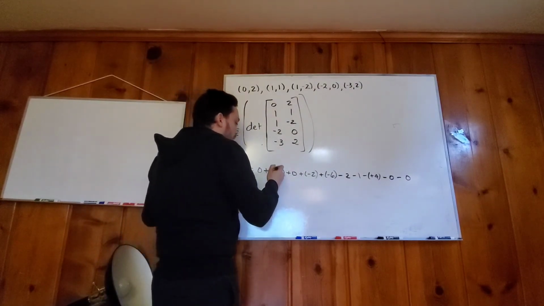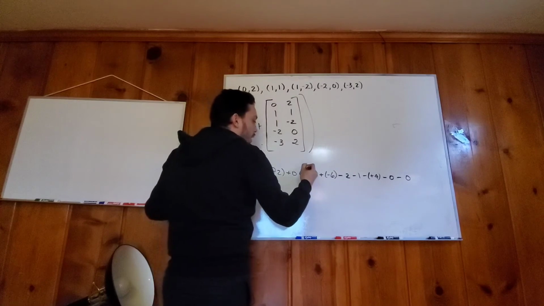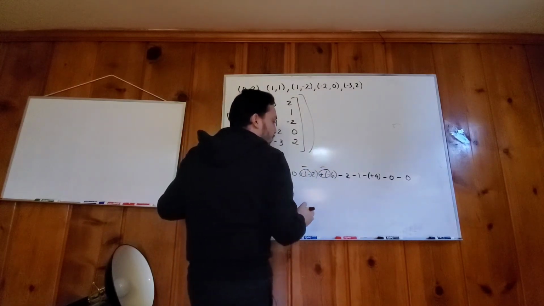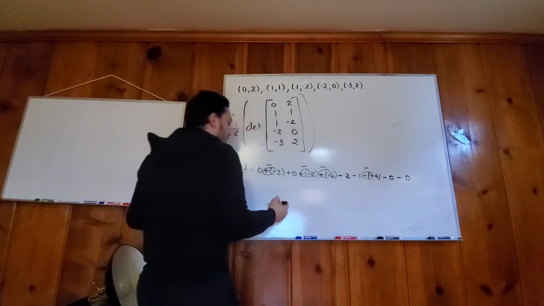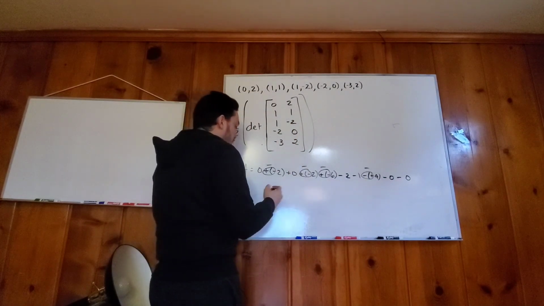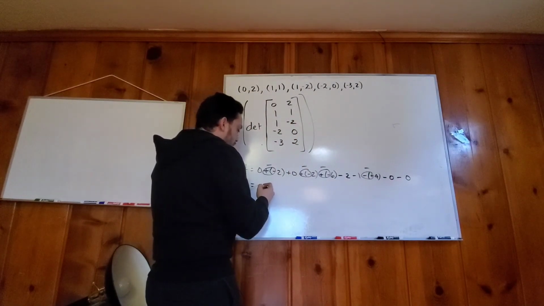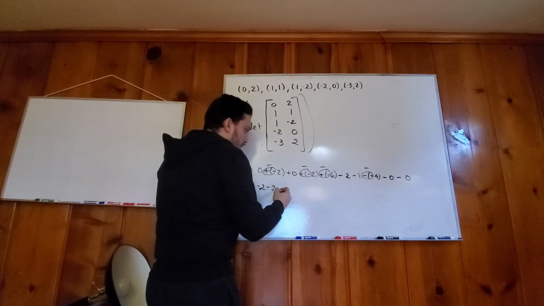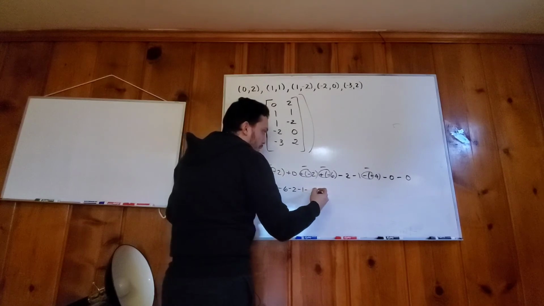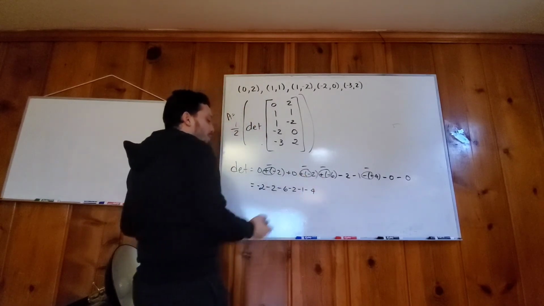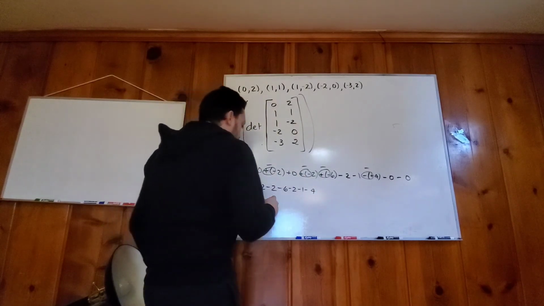So in here, we're going to get negative, and we're going to get negative. Everything is negative. Yay, you're not really adding anything positive. So it's going to be negative 2, minus 2, minus 6, minus 2, minus 1, minus 4. I got rid of the zeros, okay? You don't really need the zero.